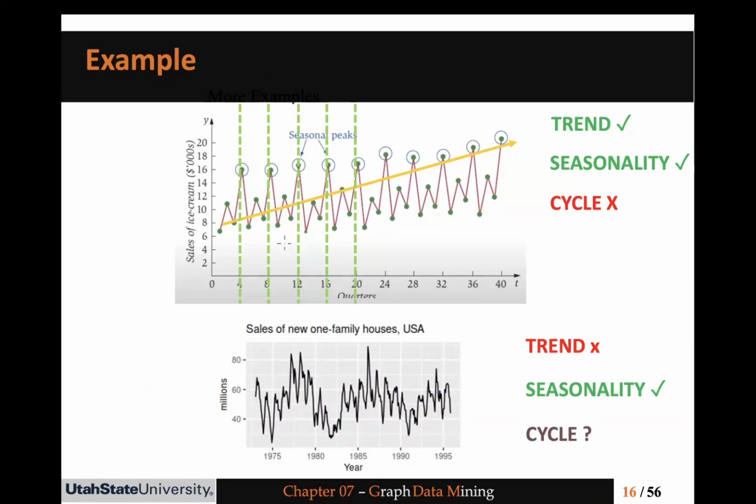So definitely we have a repeating pattern with irregular intervals, of at least 2 years, in which the pattern is taking place. Therefore we're talking about a cyclic and a seasonal time series without any trend component in this slide.